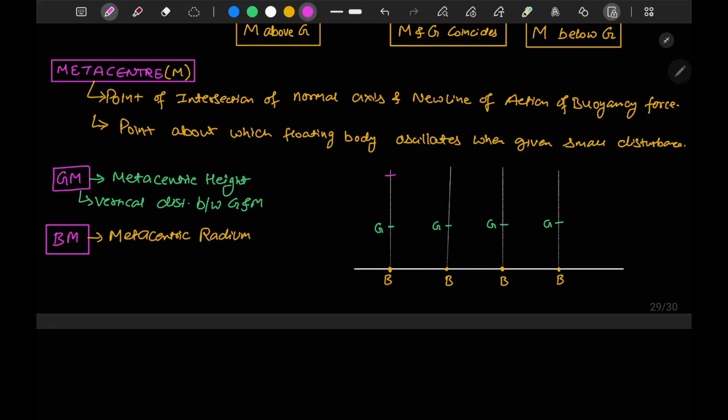Earlier this is, let's say, your metacentric point. Now here the metacentric point is this. Now your metacentric point coincides with your G.